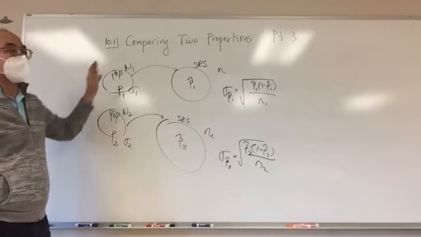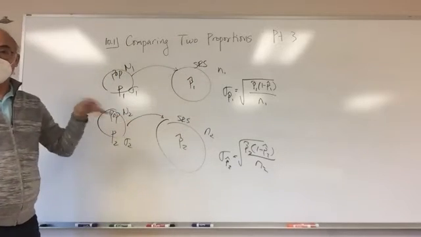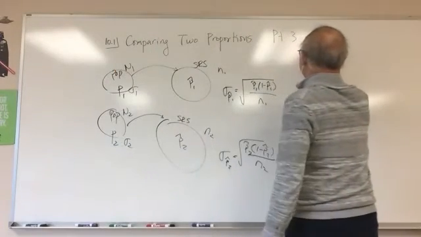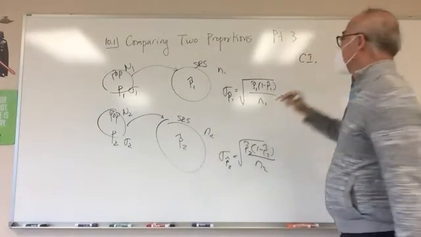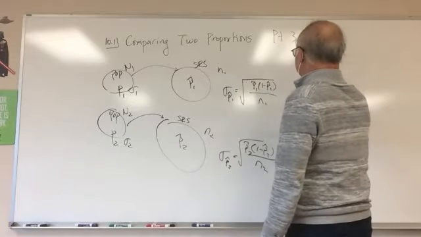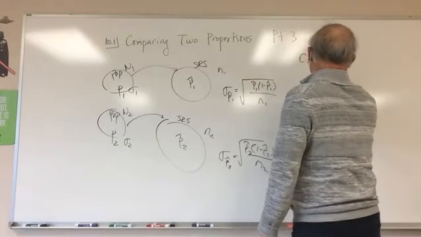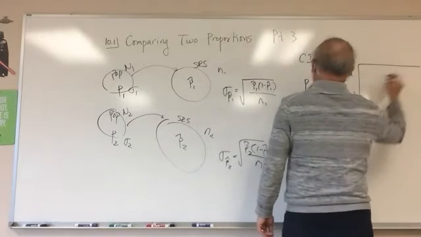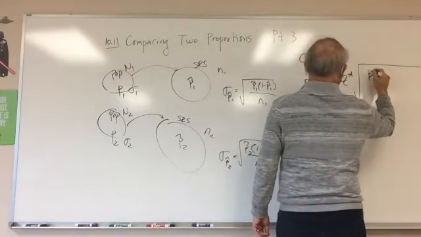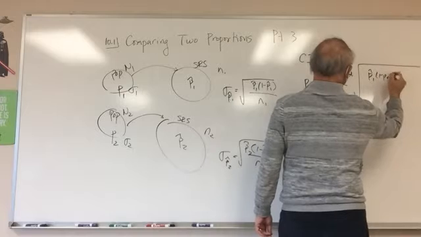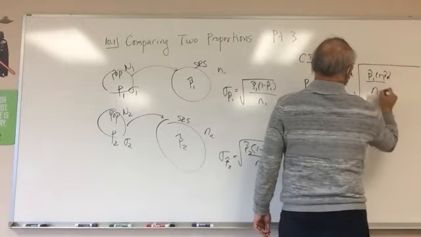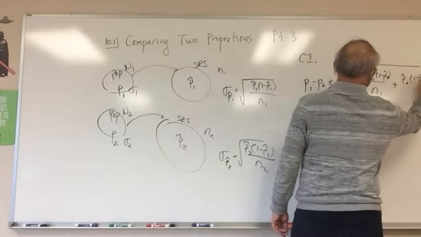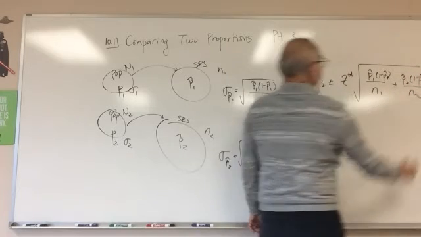And then we talked about the confidence intervals. We constructed confidence intervals, right? And we said the confidence interval for P1 minus P2 was plus or minus Z star times the square root of P1 hat times 1 minus P1 hat over n1, plus P2 hat times 1 minus P2 hat over n2.